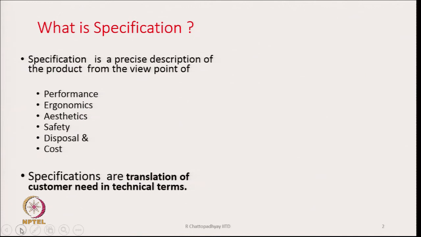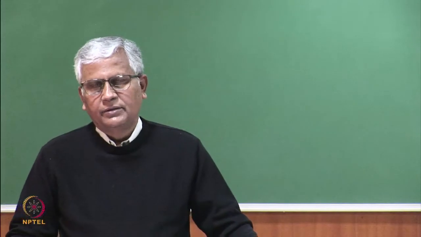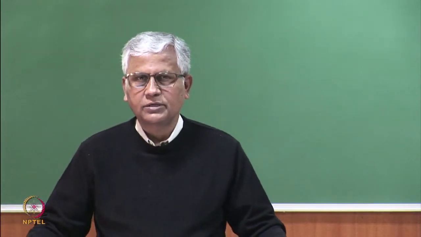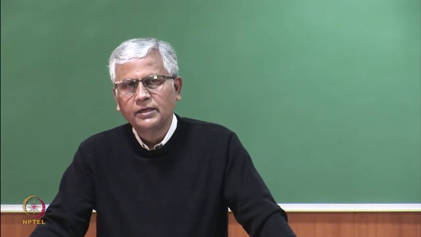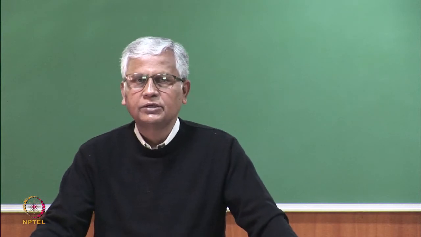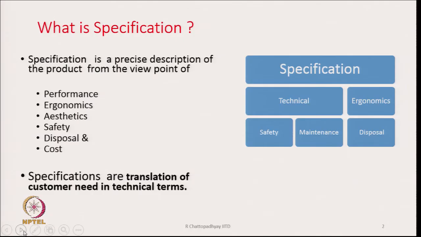Specifications are a translation of customer need in technical terms. Earlier we have discussed customer need, and when these needs are translated or transformed into technical terms, then we call it a set of specifications.